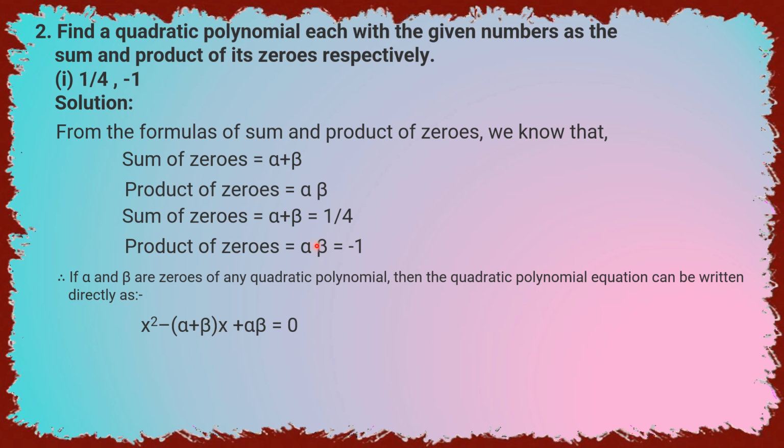Now we substitute these two values here, x square minus 1 by 4x plus minus 1. Here 4 is in the denominator, so take LCM, we get 4x square minus x minus 1 equal to 0 into 4. So we get 4x square minus x minus 4 equal to 0.